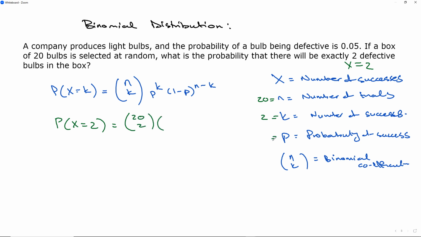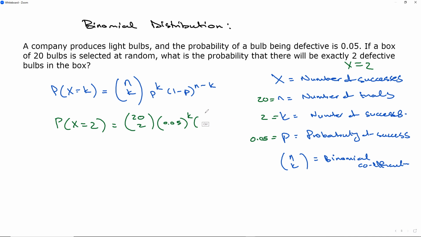The probability of having a defective is 0.05, so that's 0.05 to the power of k. 1 minus 0.05 is going to be 0.95. I'll just put it as (1 minus 0.05) to the power of n minus k.